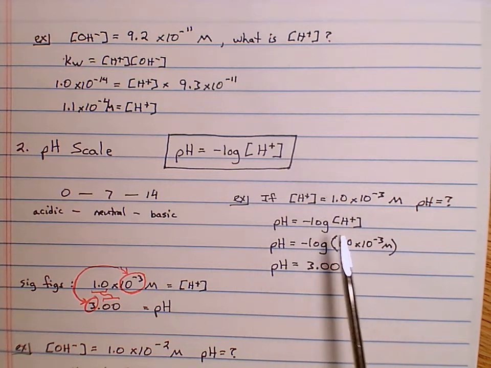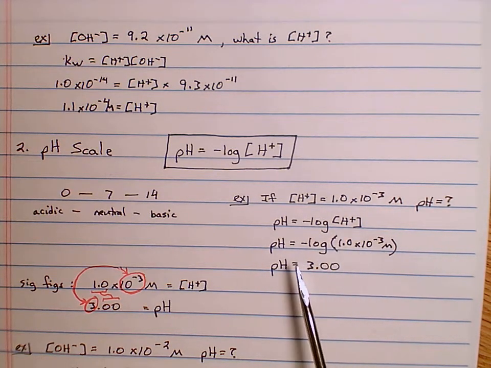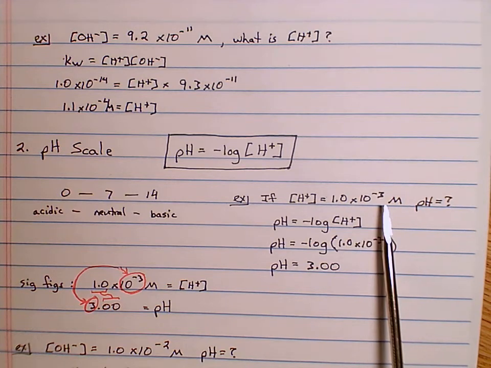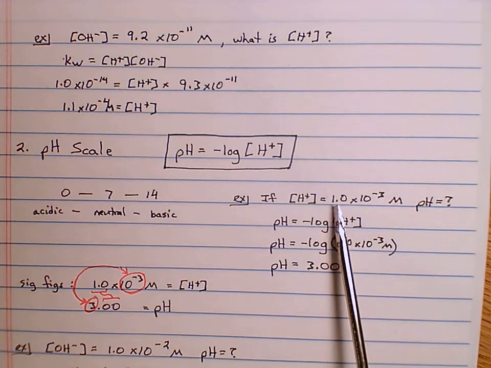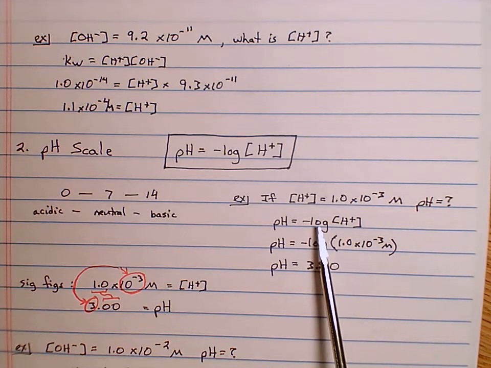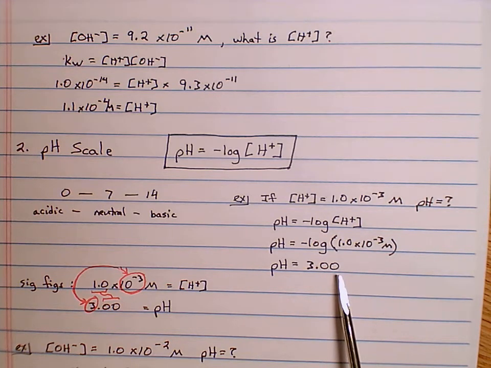It turns out when you take the log and get this pH, this 3 comes from the 10 to the minus third. Therefore, this 3 does not count in the sig figs. Only the digits after the decimal place count as significant figures. This 1.0, when doing the log function, gets translated into the 0, 0.